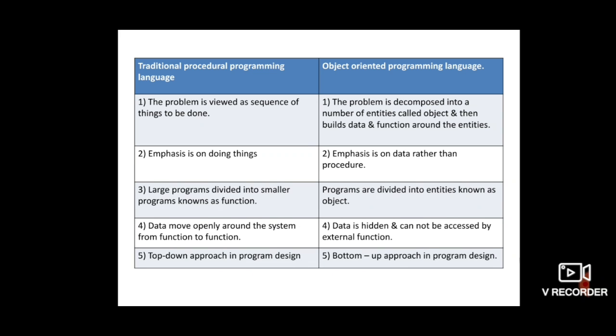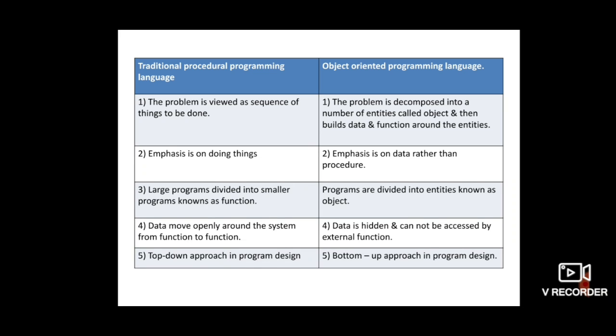In procedural language, data moves openly around the system from function to function. You can move from one function to another easily. But when object oriented programming or object concepts are used, data is hidden and cannot be accessed by external functions. This is a very important point. Now, procedural language uses a top down approach in program design, while object oriented programming uses a bottom up approach.